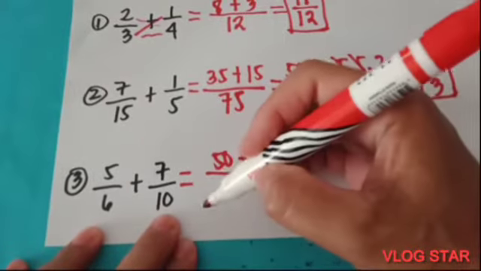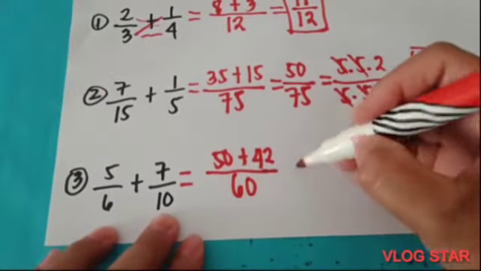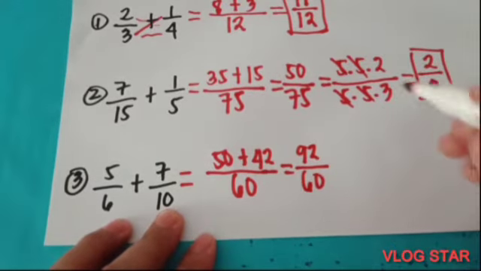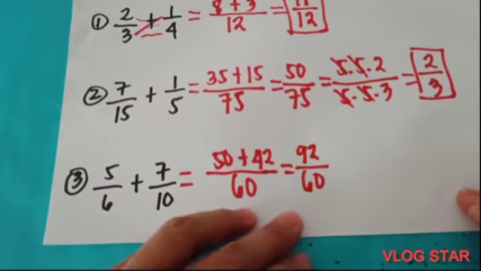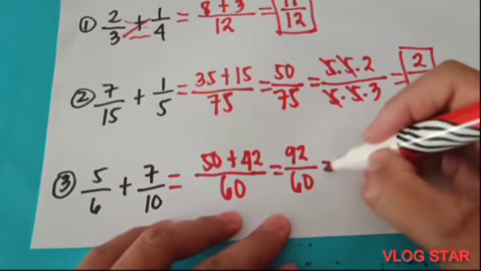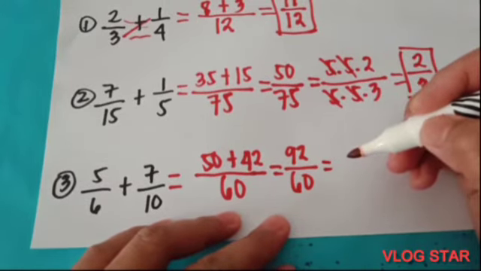So, 6 times 10 is 60. So, ang tamang sagot is 92 over 60. So, pwede na rin natin siyang i-simplify. So, ang 92, ang factor niya is 46 and 2.